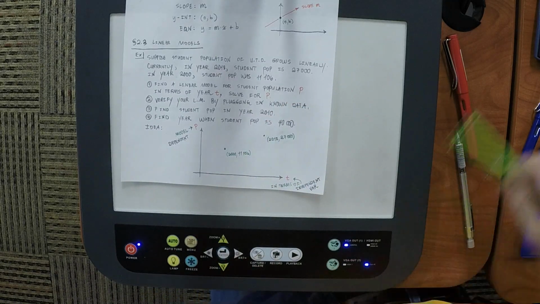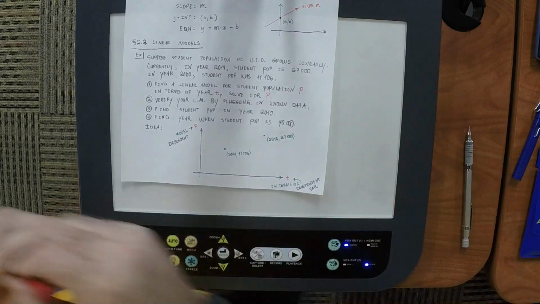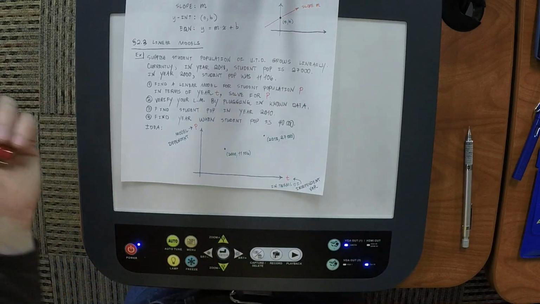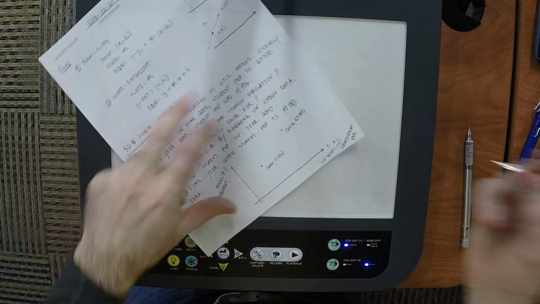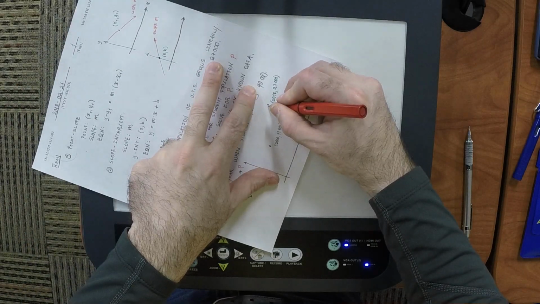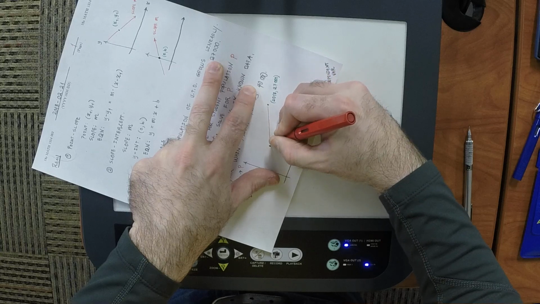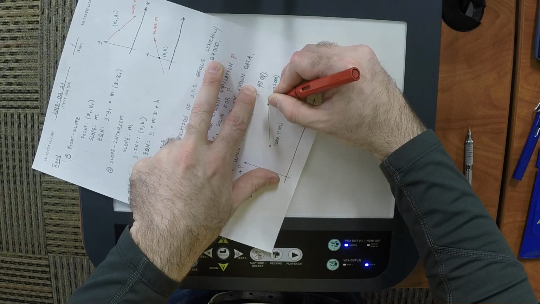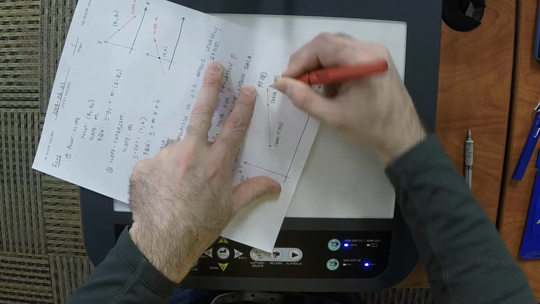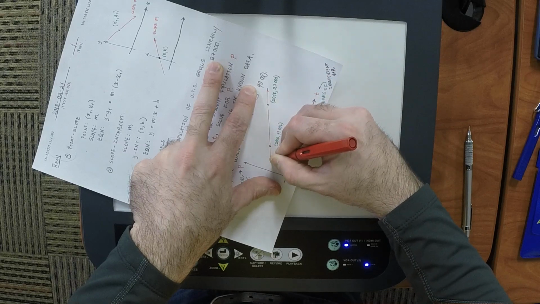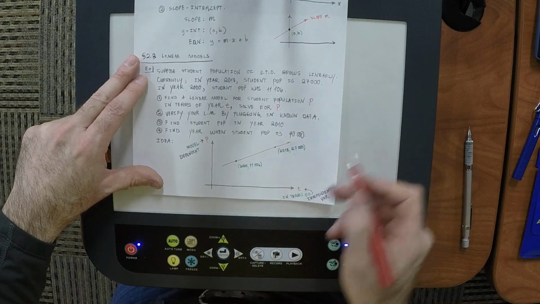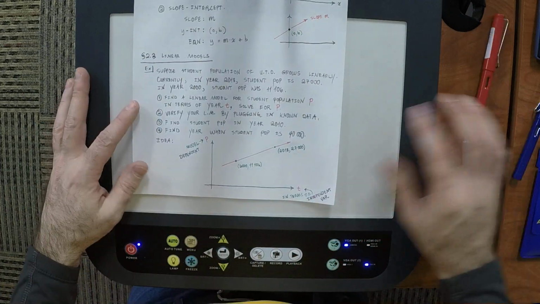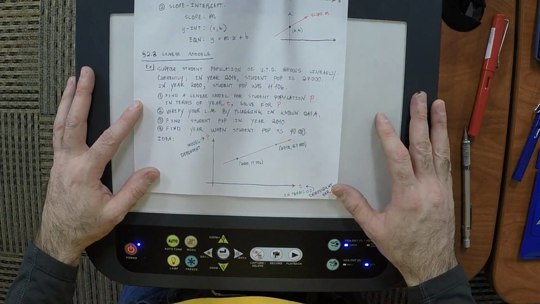And the statement of the exercise says that population grows linearly with time. So the plot of population somehow looks like that, if I could draw a straight line. Any question about the idea?